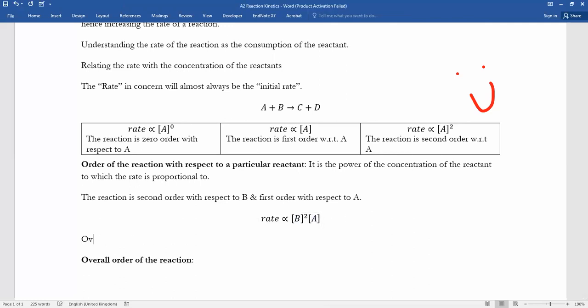So can I say the overall order of the above reaction? Can you tell me, child? Sir, 3. Well done. Brilliant. So again, what is the overall order of the reaction? It is the sum of the powers of the concentration of the reactants. Or I'll write reactants.